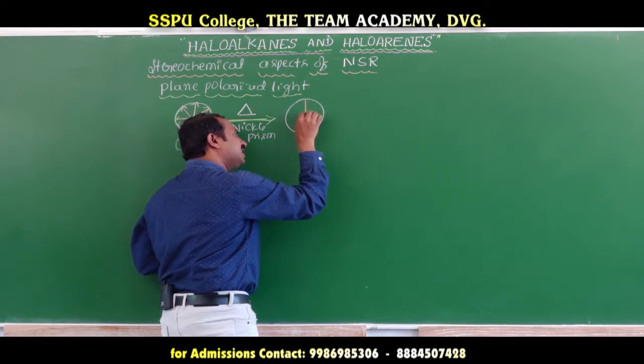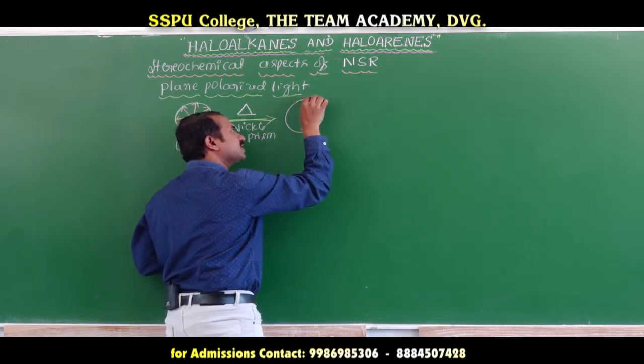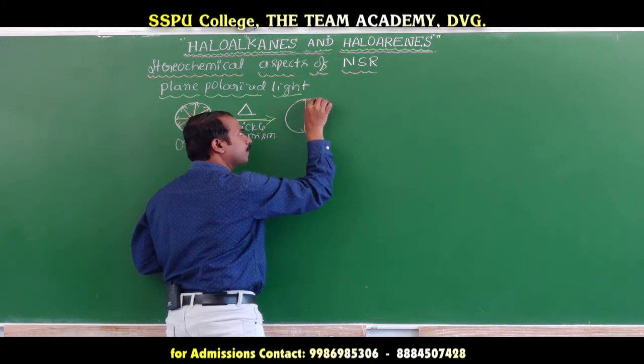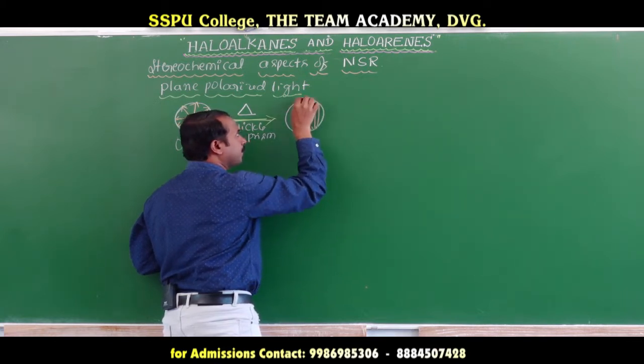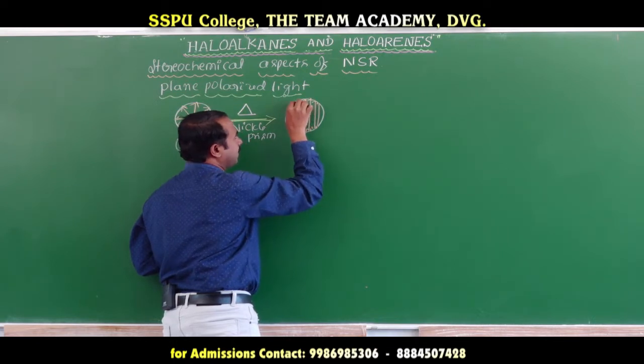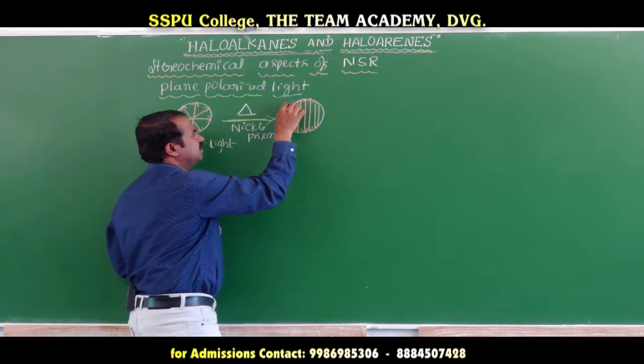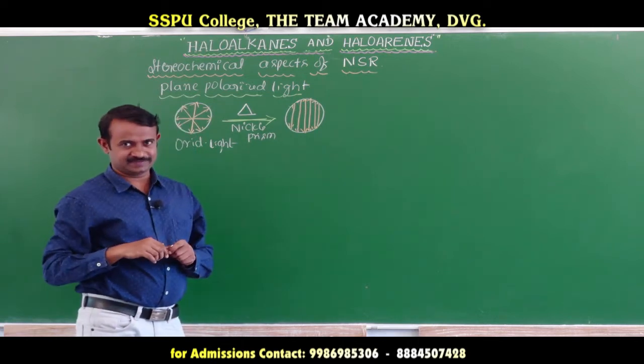Plane polarized light means the light vibrates in the same direction. This is plane polarized light.